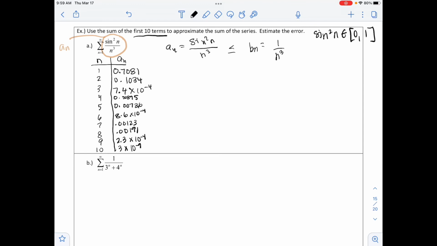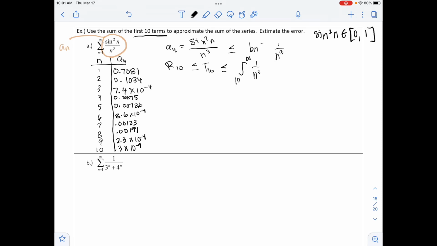Then we know that r sub 10, that remainder, is going to be less than or equal to t sub 10. And as stated up above, this is going to be less than or equal to the integral from n to infinity of b sub n dx. And so n for this problem is 10, to infinity of b sub n, which is 1 over n to the third.